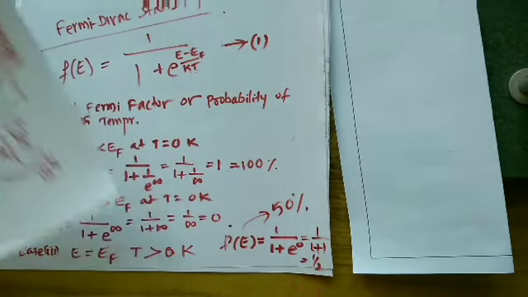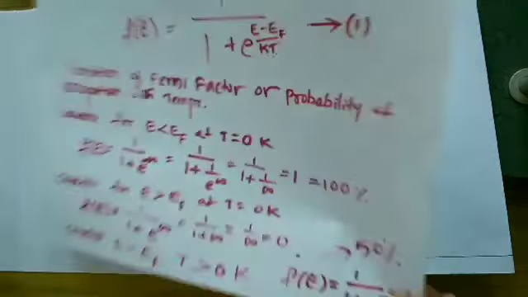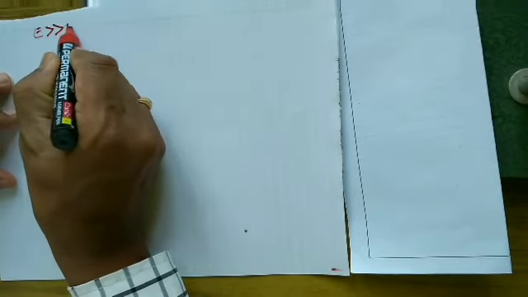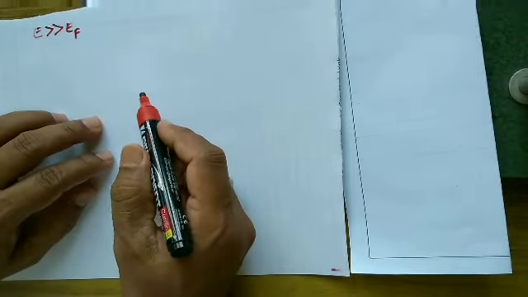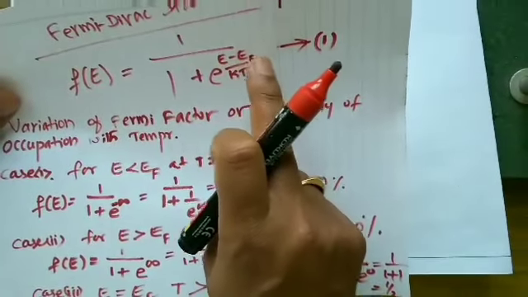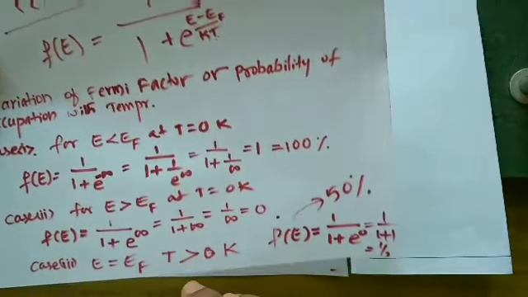In case E is greater than EF or E is smaller than EF, what would be the situation? Now let us understand that case. In that case, if E is greater than, let us say it is very high compared to EF in the same equation, that is in the Fermi factor equation, if E is very much higher than EF but at T different from 0 degree Kelvin.